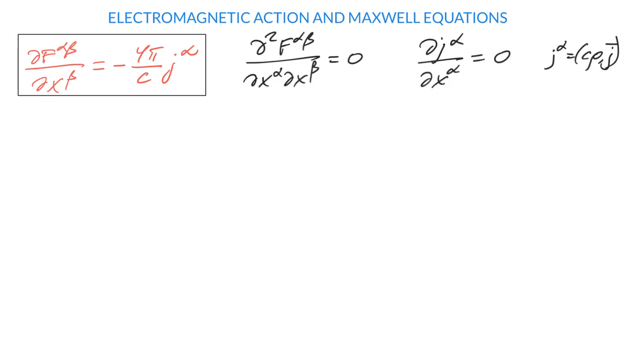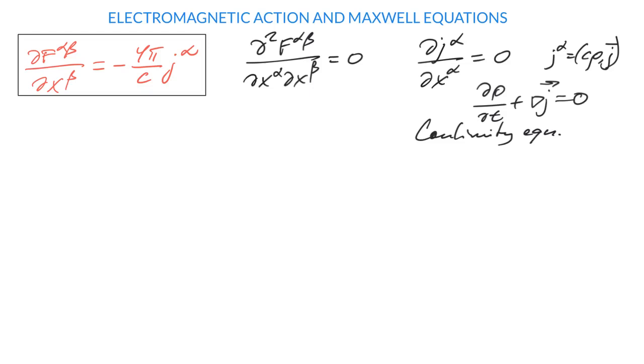So the first term is d rho by dt, and then the others combine into the divergence of j, which is 0. This is the continuity equation, which expresses the conservation of electric charge.